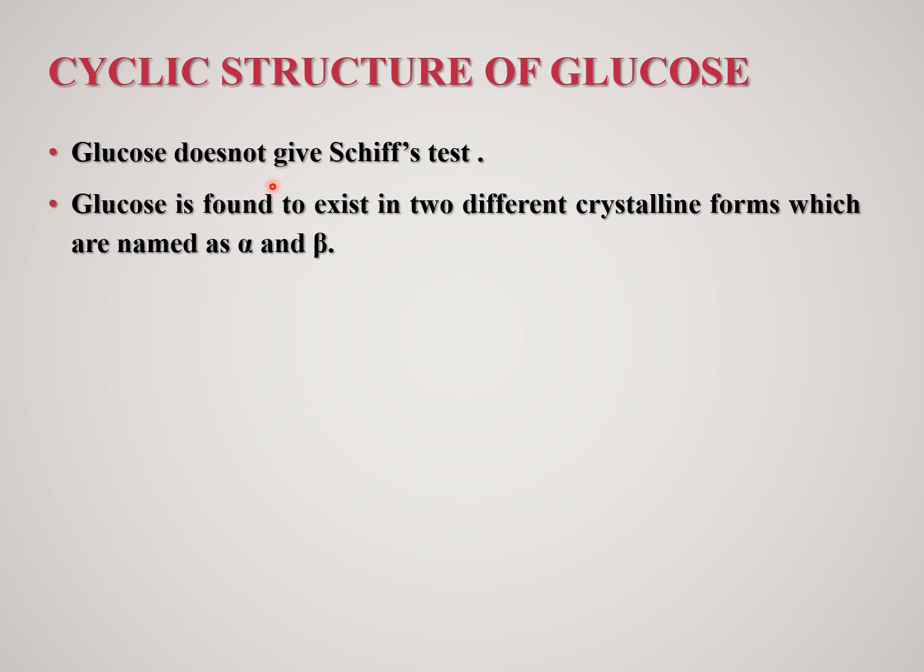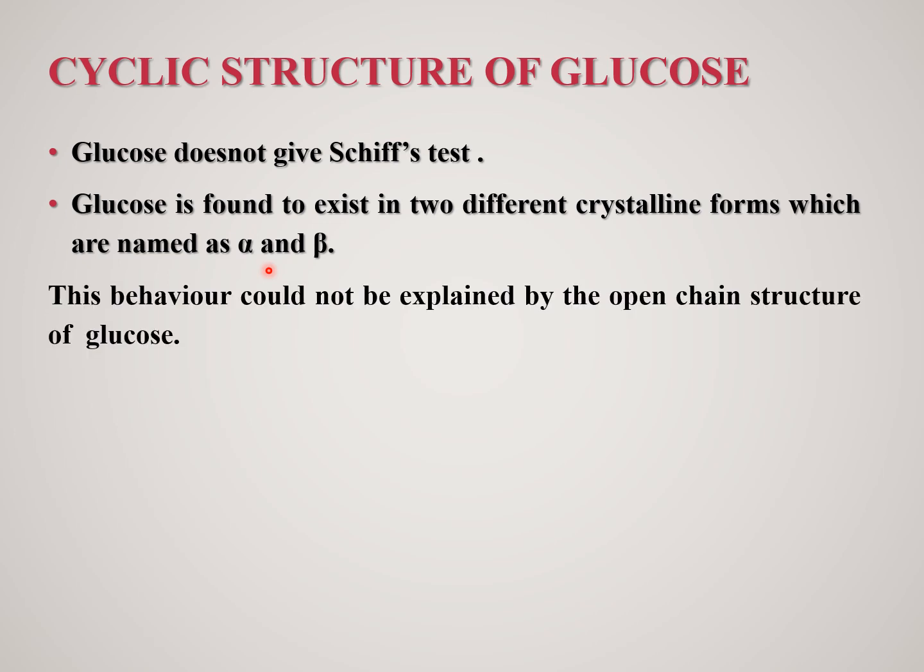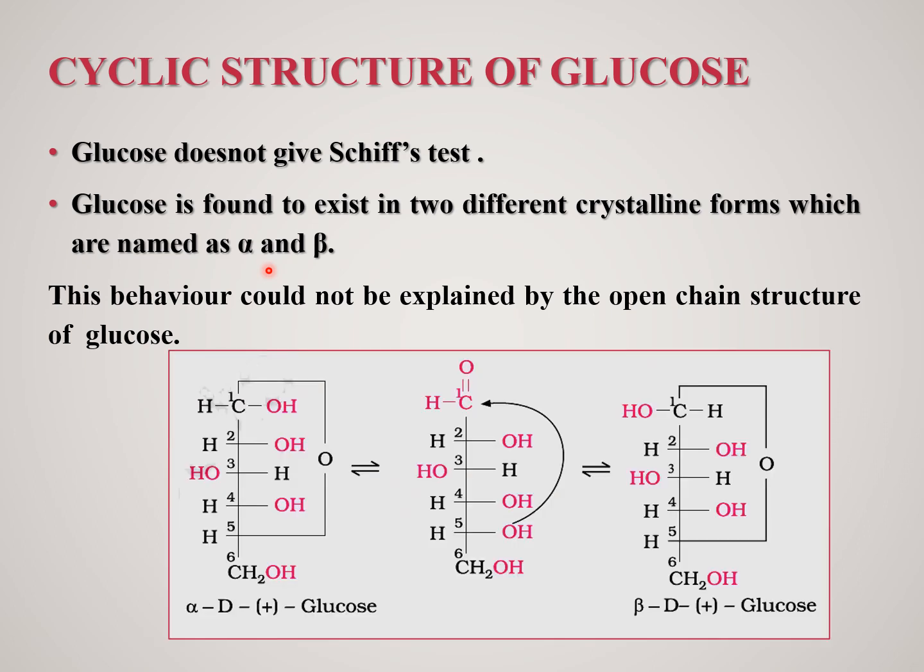And very important, glucose existed in two crystalline forms, one called alpha, the other called beta. So all these discrepancies, this behavior, could not be explained by the open chain structure of glucose. That is why the ring structure or the cyclic structure of glucose was presented.